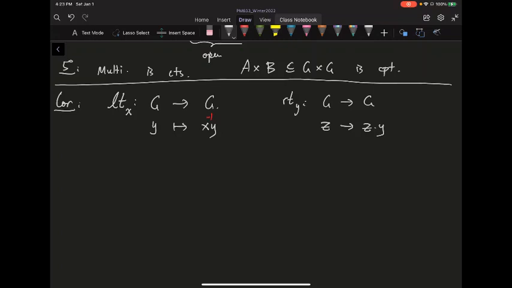Because of the first property, the left and right translations will map open sets to open sets, so they're both open maps. And because they're bijective and open, their inverses are continuous, so they must be homeomorphisms. Okay, so this is one little corollary of what we saw.